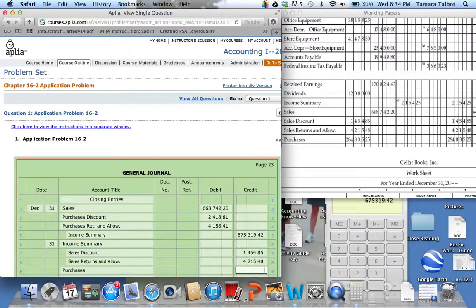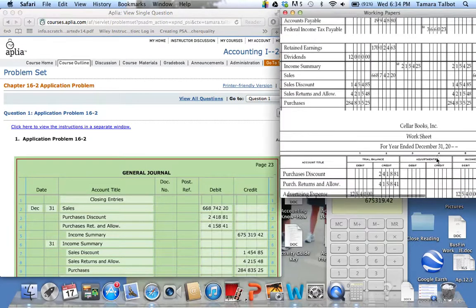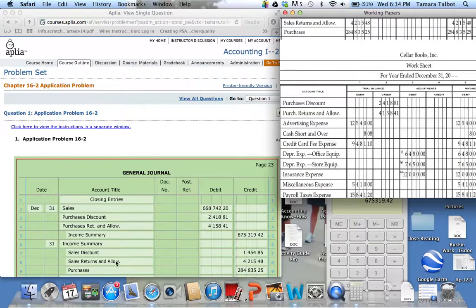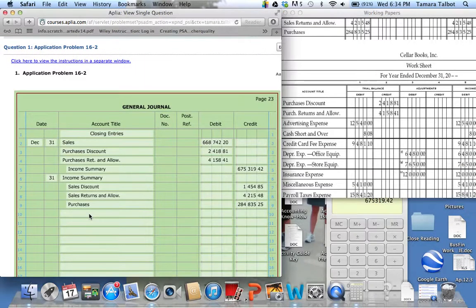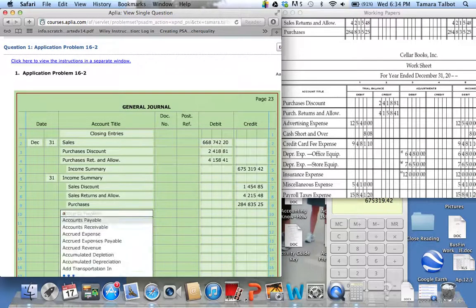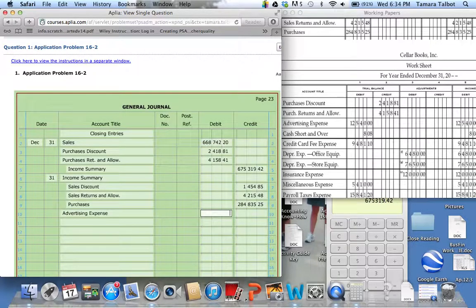Purchases, $284,835.25. Advertising expense, $12,540.